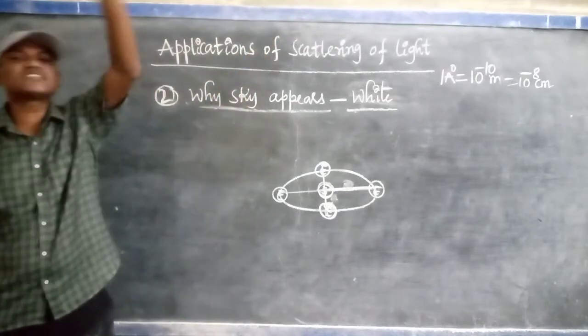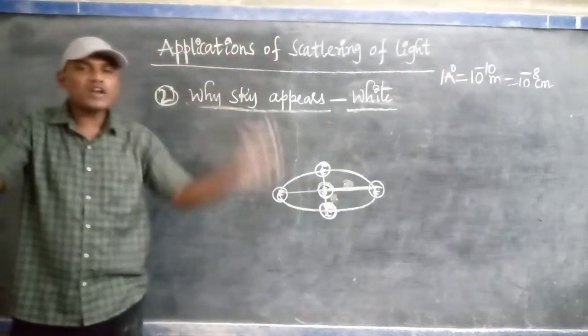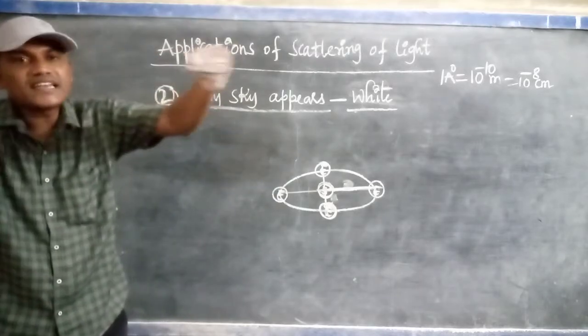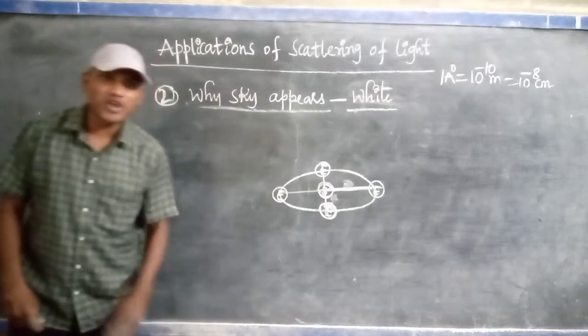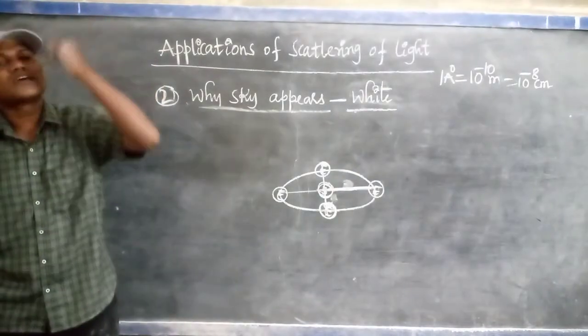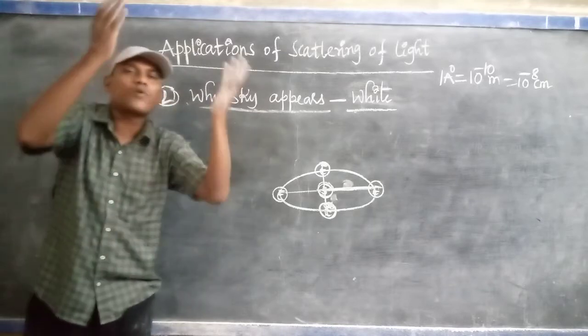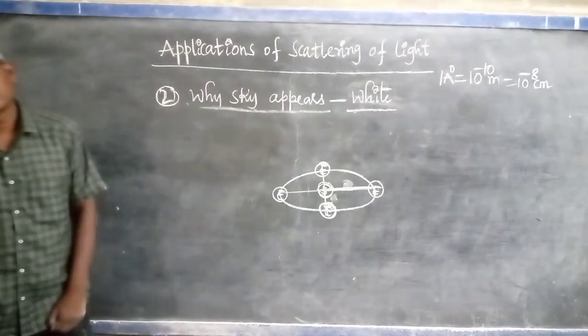It is averagely equal to all. That's why what will happen? It scatters all colors of light with slight difference in the intensity. That's why before vanishing, all colors reach our retina. Then all 7 colors reach, which appears as white color only.